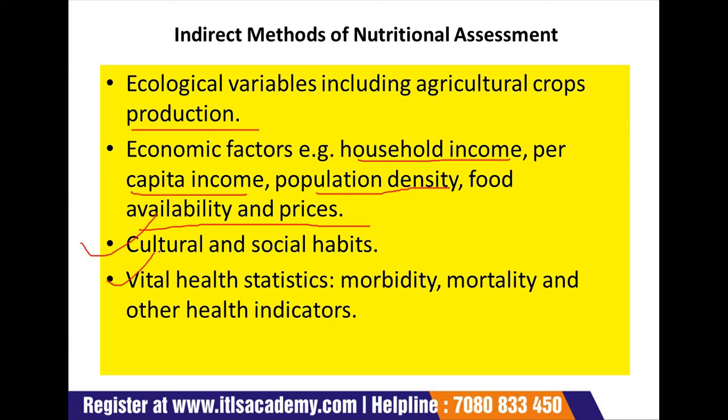Vital health statistics are also included in the indirect method of nutritional assessment, like morbidity, mortality, and other health indicators like infant and under 5 mortality, utilization of maternal and child health care services, fertility indices, and sanitary conditions.